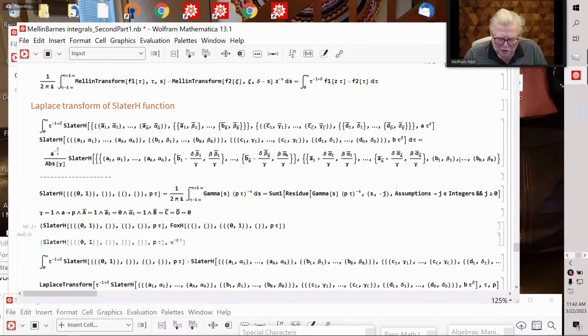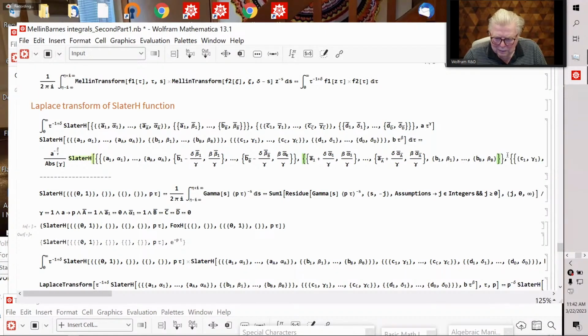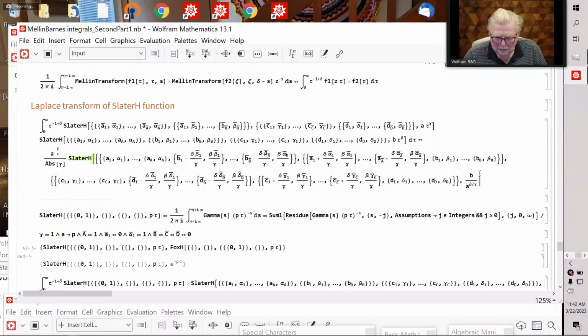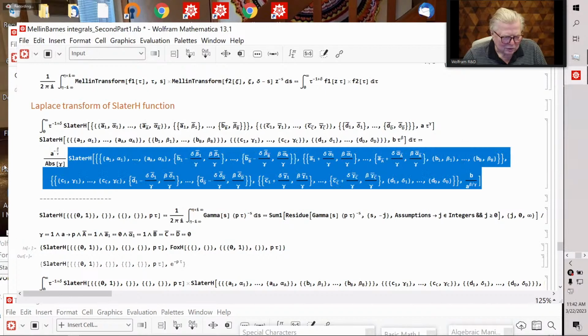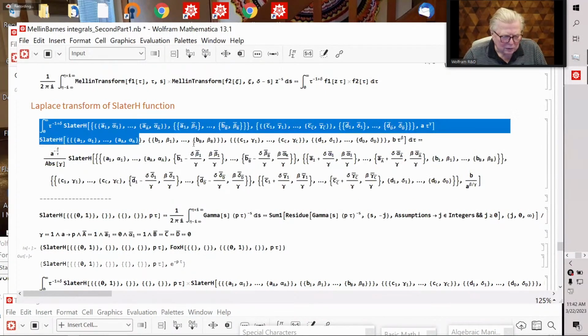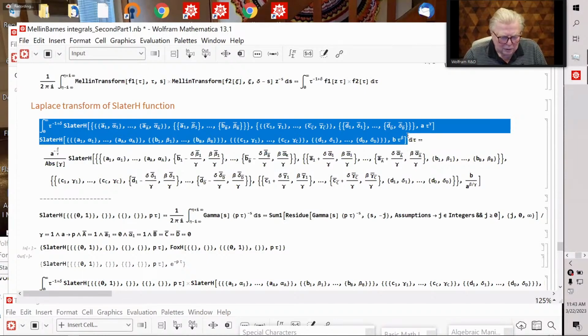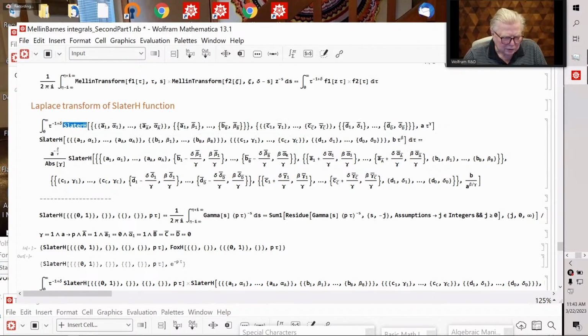Yes, it is huge. But what to do? It's life. Huge formula. Monstrous. So we have integral convolution type from product of two Slater functions.